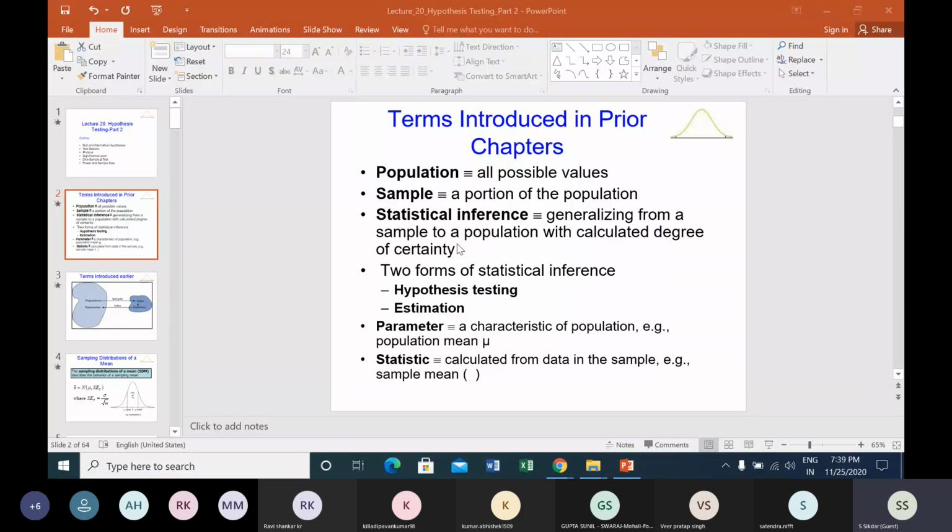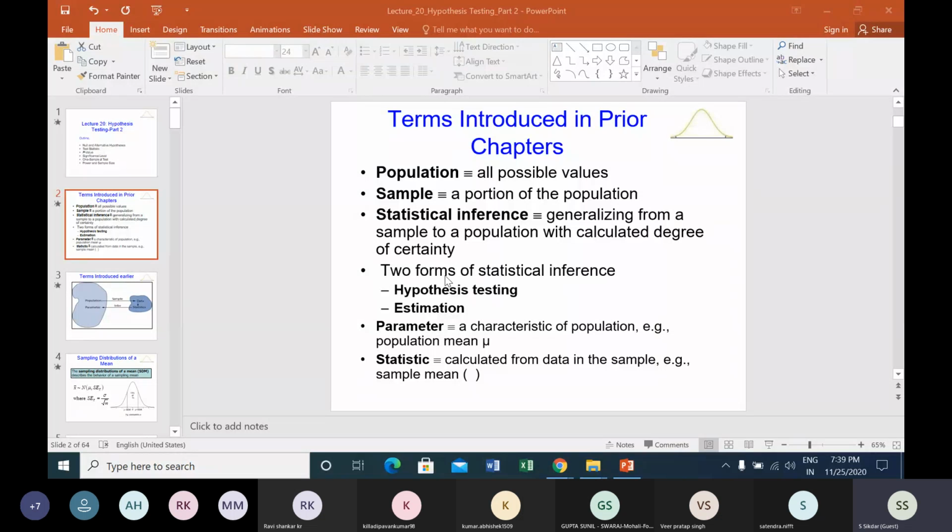So if I get a sample of 10 or 20 people, and based on them I try to make an inference, or draw my conclusion that it's going to happen for the population also, but with a calculated degree of certainty. That degree of certainty is the confidence level, confidence interval.